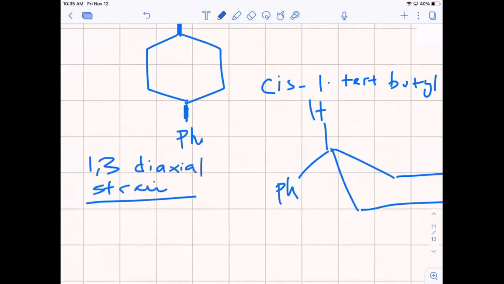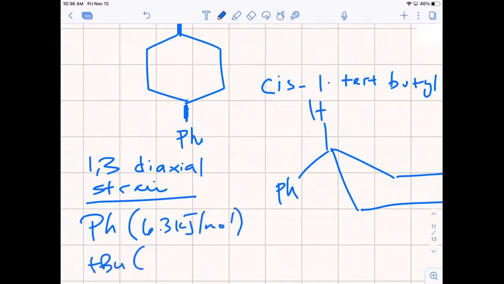So the diaxial strain we're concerned with is for phenyl, that's 6.3 kilojoules per mole. And then tert-butyl, which is 11 kilojoules per mole.